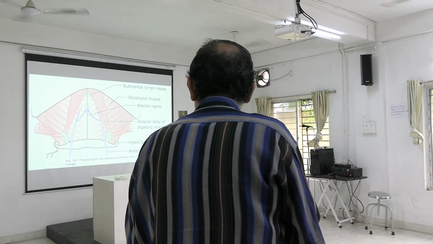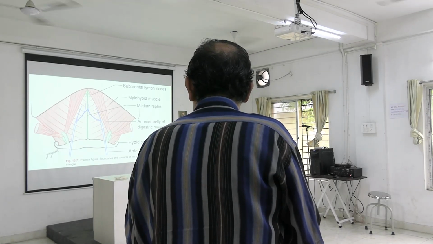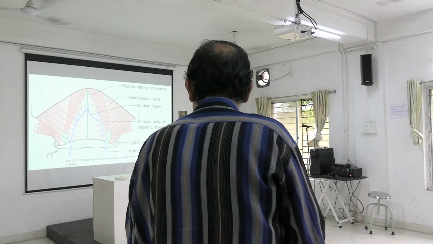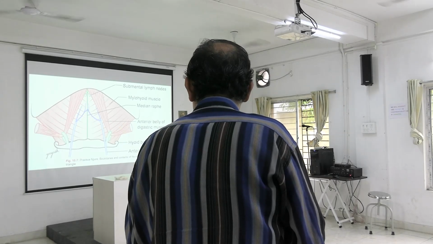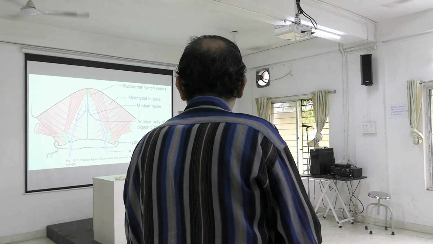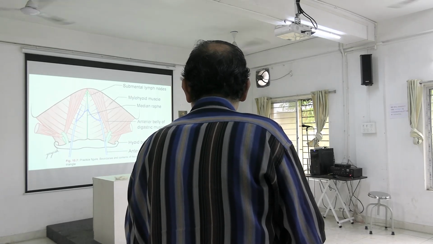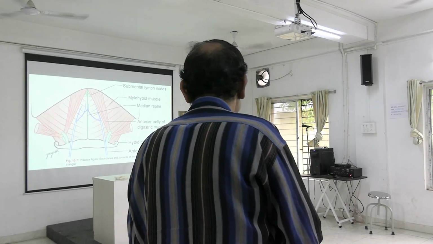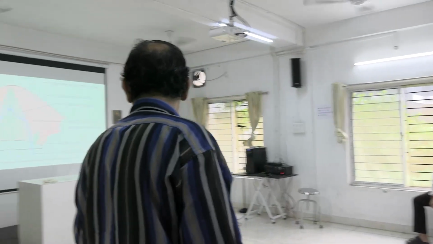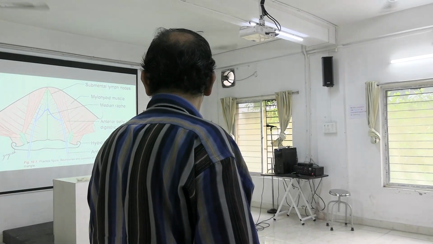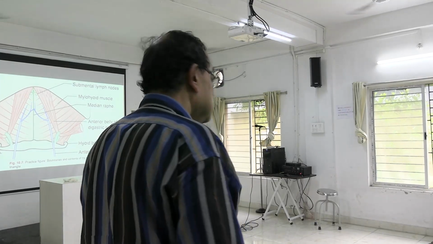So this is the submental triangle, with the submental group of lymph nodes, the anterior jugular vein and anterior jugular venous arch, and median raphe, and the base is formed by the mylohyoid group of muscle. So this is the anterior triangle.